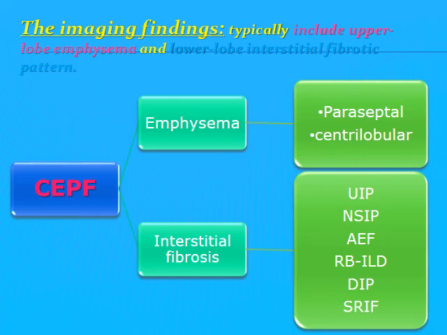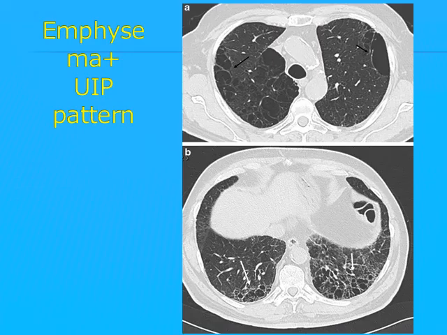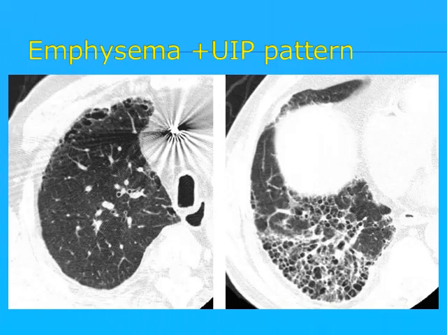Usually we see this entity in, this is an example. The upper lobe shows centrilobular emphysema, while the lower lobes show honeycombing due to UIP. So this is combined emphysema and pulmonary fibrosis of UIP.